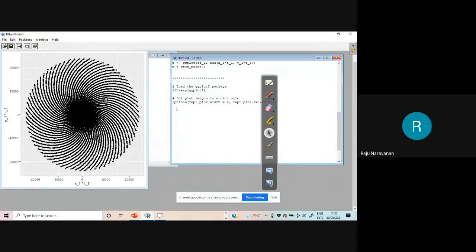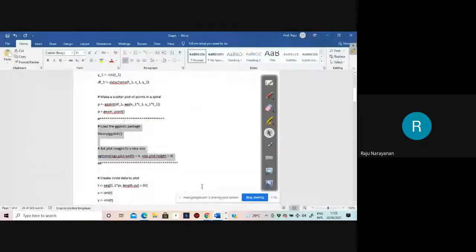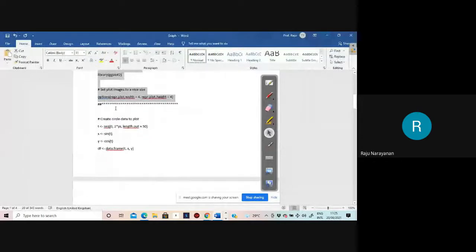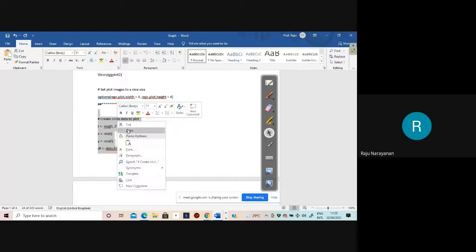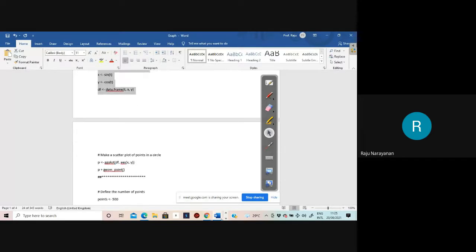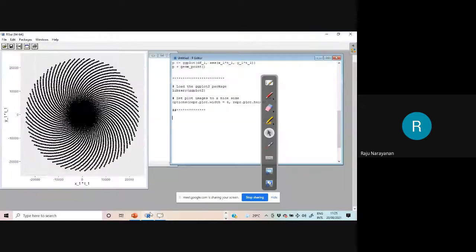Let it be there. And where is my graph? To create a circle, I have to add something more, otherwise it will not work.